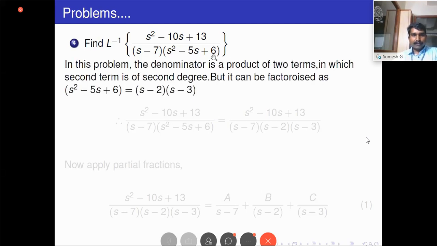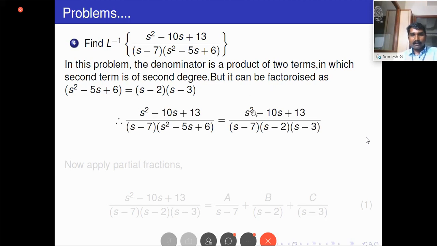So the expression becomes s square minus 10s plus 13 divided by s minus 7 into s minus 2 into s minus 3. The denominator is a product of three terms, so we can apply partial fractions.